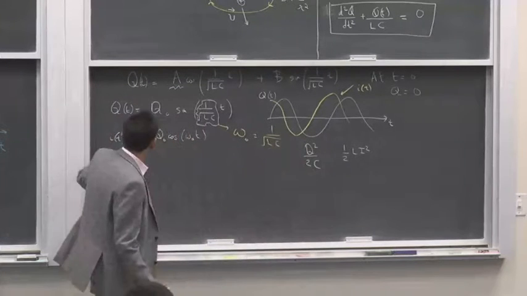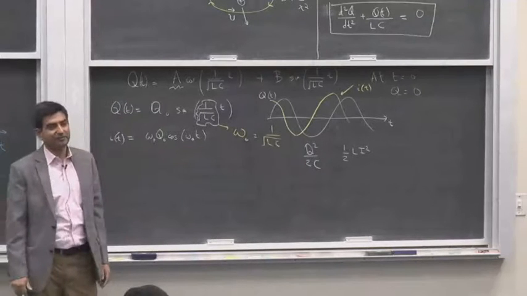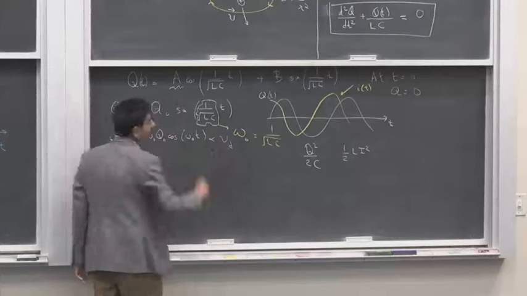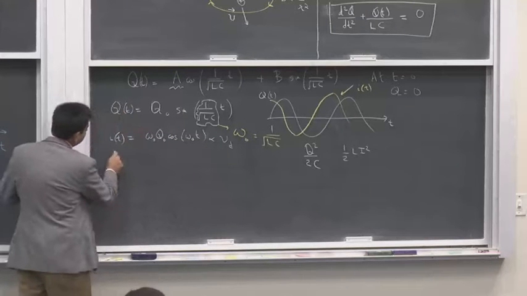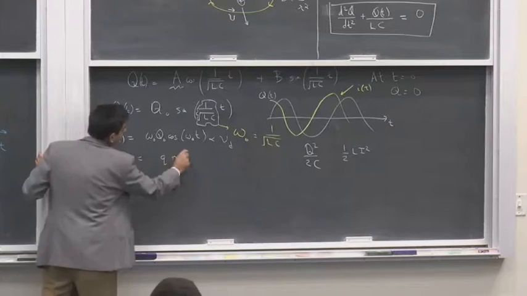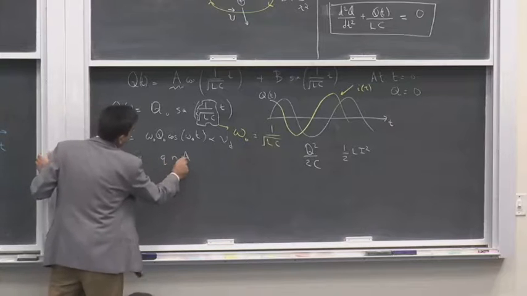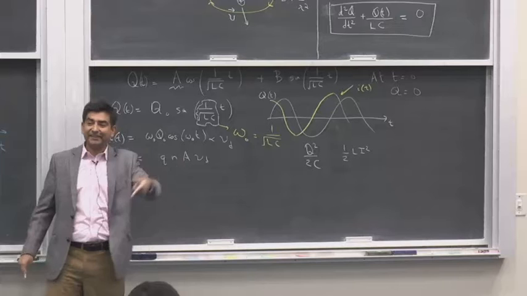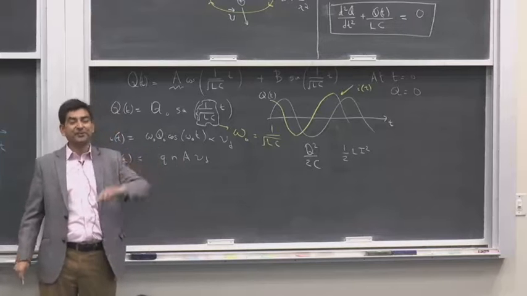Now if this is the current through this circuit, this is going to be proportional to the drift velocity of the electrons, right? Because I know that the current is simply given by the charge, number density, area of cross section of the wires into the drift velocity. So the drift velocity is oscillatory.